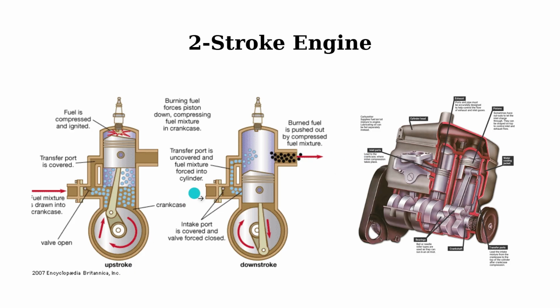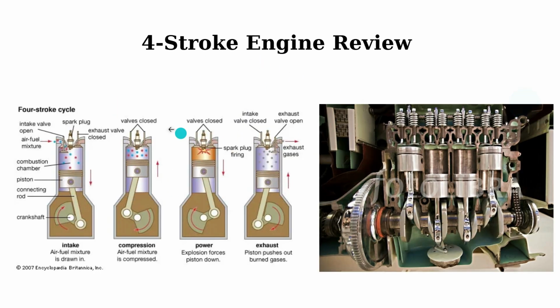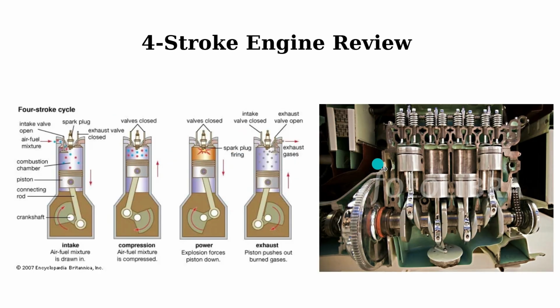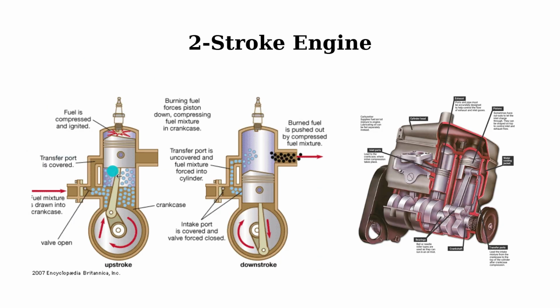Okay, I think that's enough. Now we can talk about another important difference between two-stroke and four-stroke engines. A two-stroke engine doesn't use valves like a four-stroke. You can see valves in here. It uses ports. You can see here.